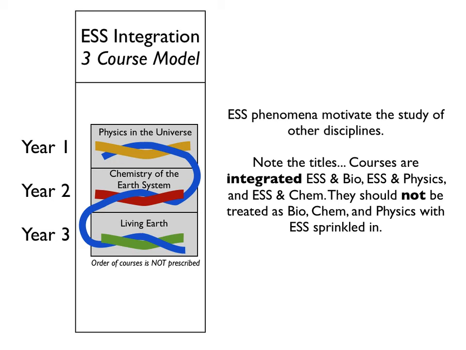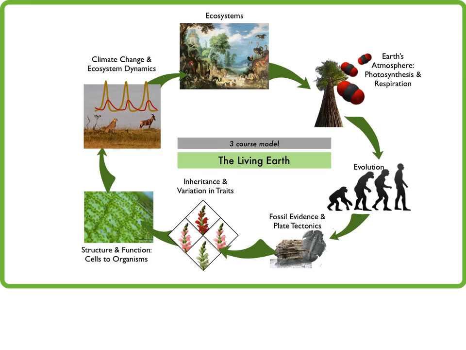And again, in this example course sequence, the order of the courses is not prescribed by the state at all, and the framework chapters were written to be sequence agnostic, meaning you could develop them however you wanted. There are separate videos that go through the conceptual flow of each one of these courses, but the 3-course Living Earth model looks like this, looking at a range of topics.